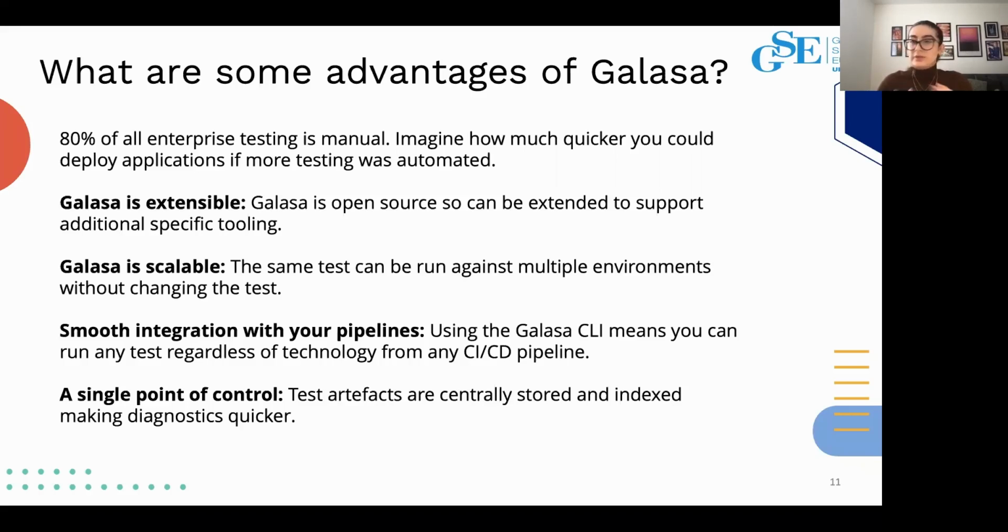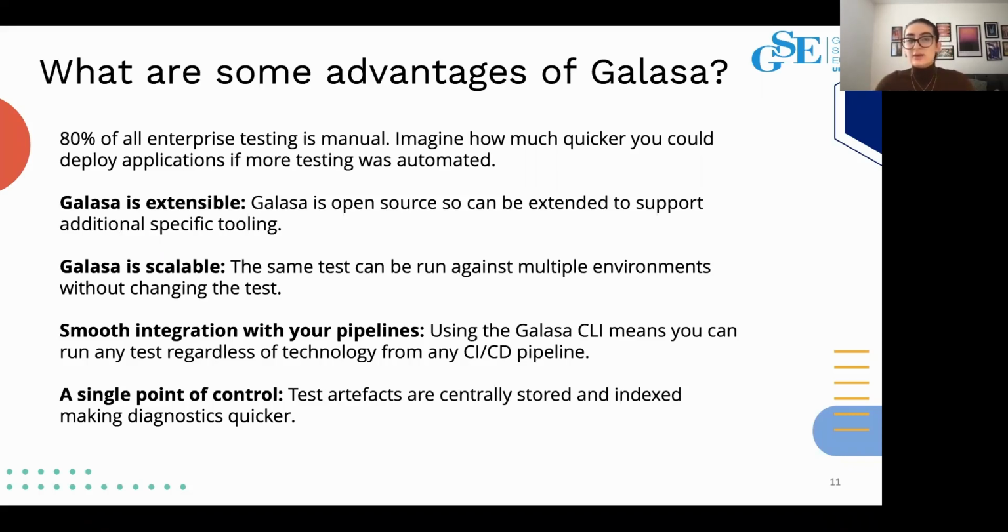Through these managers that I've been speaking about, Galasa can be extended to support all of these additional specific tooling. We have managers that we've written and ship as part of the product. You can also write an application specific manager for something specific to your organization. It's very extensible.